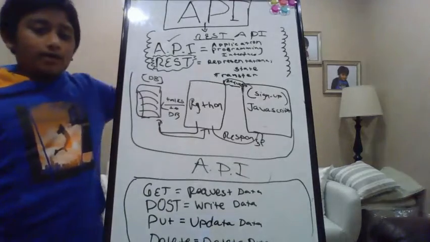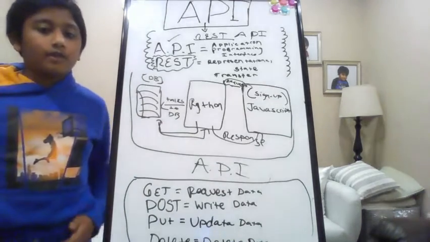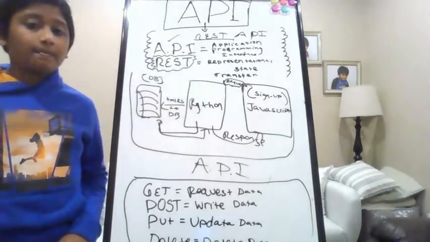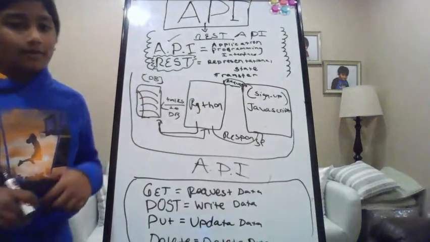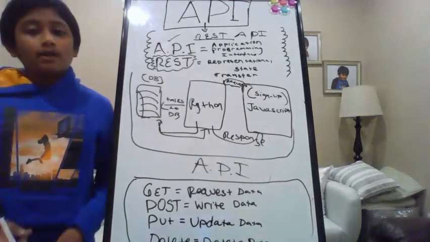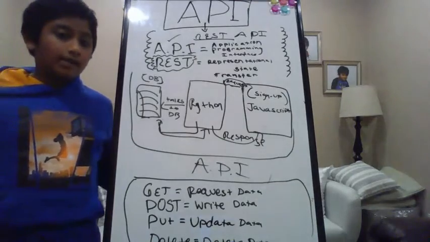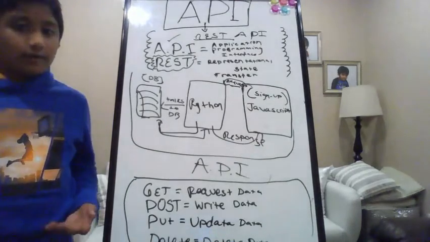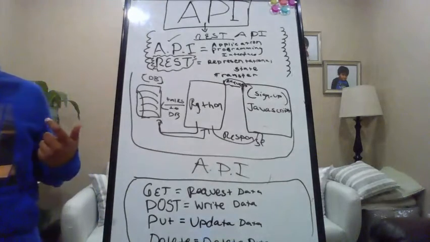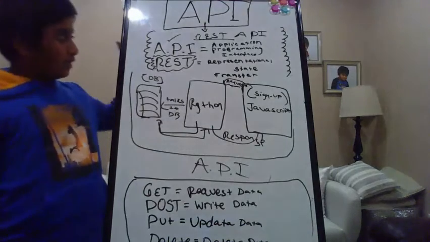In the next video, we'll be talking about the differences between a regular API and a REST API. And I will be creating a full course on APIs, which will take you from this to being able to actually use APIs and create pieces of software using APIs.